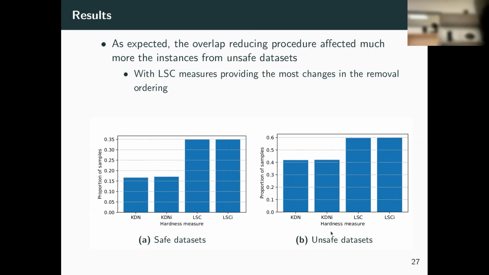And for the unsafe data sets, this proportion was very high: for the KDN around 40, and for the local set cardinality around 60. Also, the local set cardinality based measures change the ordering more, I believe, because the characterization is a floating point value instead of discrete, so there are fewer ties.